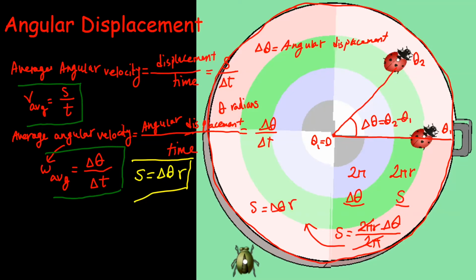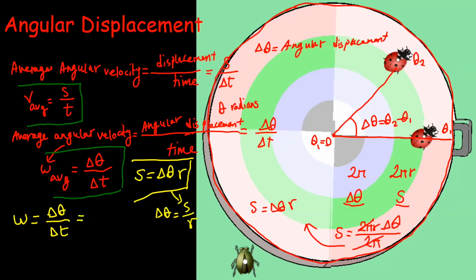So I want to use this formula to find the relationship between omega and v. I write omega is delta theta divided by delta t. Based on this I know delta theta is equal s divided by r.